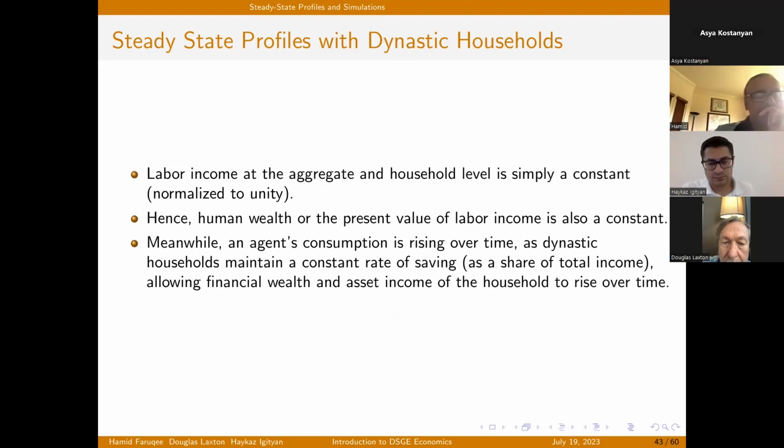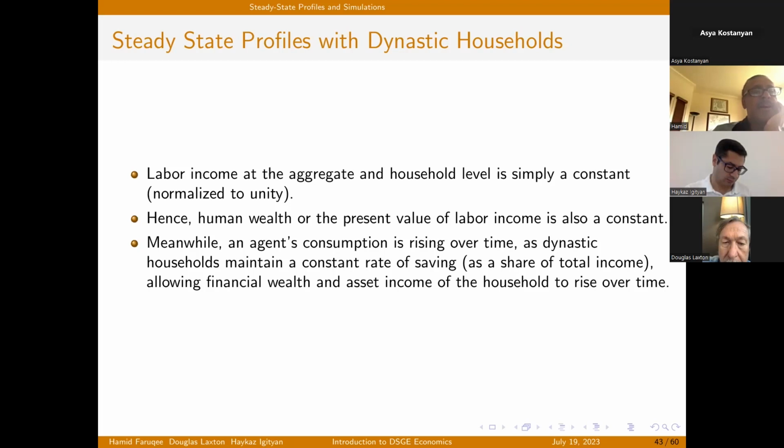As I mentioned, we'll have some simplifying assumptions here to give you a simple steady state. We'll assume that labor income at the aggregate household level is simply a constant, and without loss of generality, we can normalize that to unity. And then human wealth in that case would also be a constant.